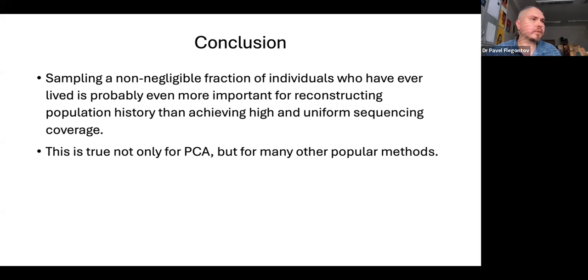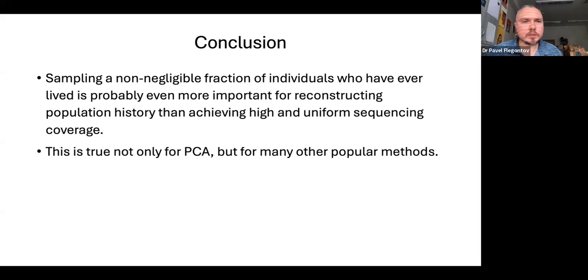For example, I think IBD graphs is a very nice method that allows to reconstruct the topology of landscapes perfectly. But unfortunately, it requires very dense sampling in space and time and high quality data for imputation and IBD inference. And moreover, it also works very well on graph-shaped histories.